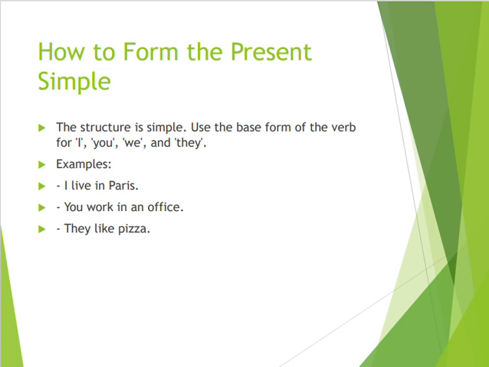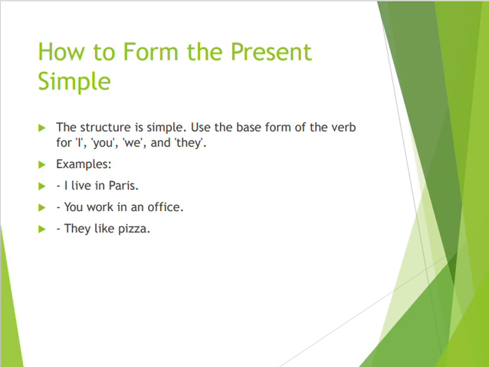Here we use live, the base form of the verb. You work in an office. Again, we use the base form, work. They like pizza. Same rule, using like. It's easy, right? Just keep the verb simple for these subjects.